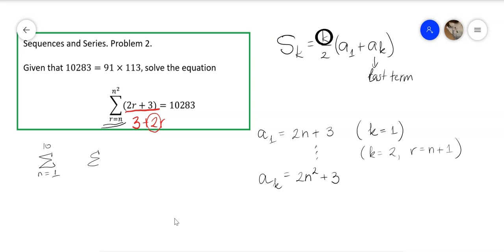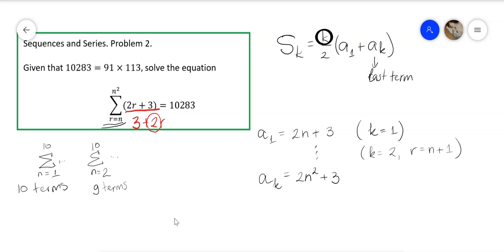What about the case when we have sigma with n starting from 2 and ending with 10? How do we calculate the number of terms in this case? In the first case we have 10 terms. In the second case, we have 9 terms.